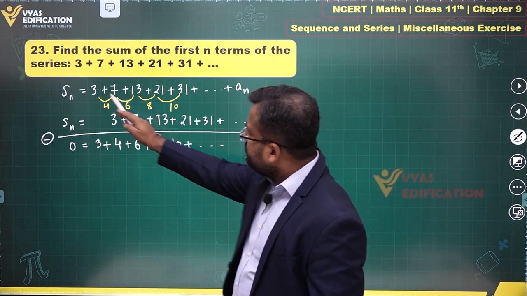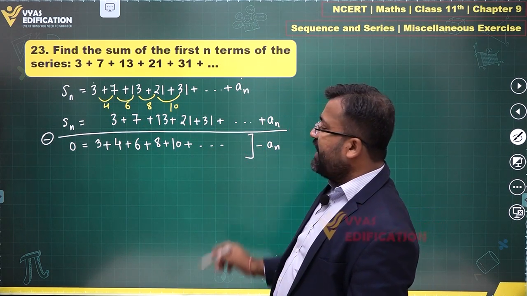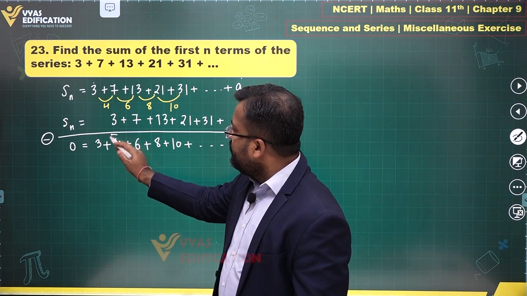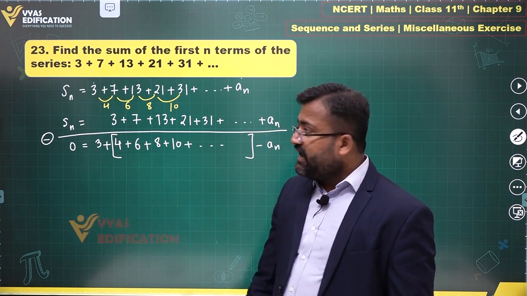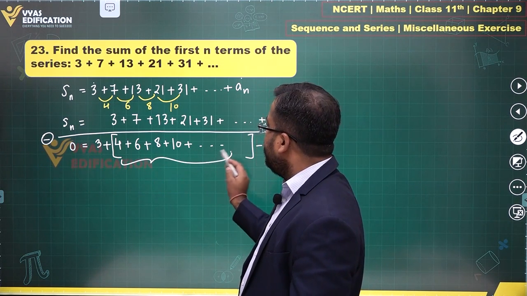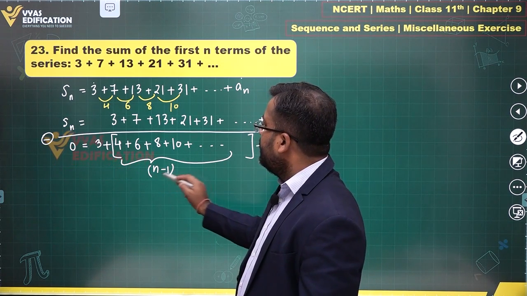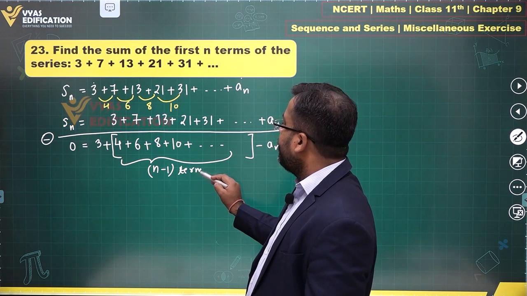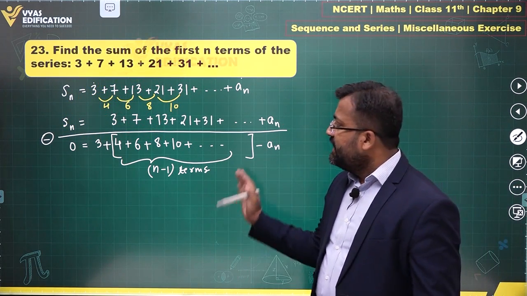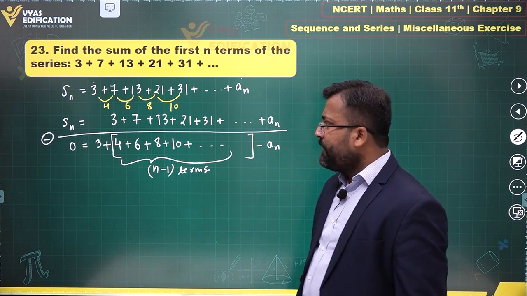Do you observe? From here, 3 to An, we have n terms. So up till here you will have n terms starting from 3. If you miss out 3 and say this is 4 to something, how many terms are these? We have n minus 1 terms left over here. And these n minus 1 terms are forming some kind of pattern, right? This is an arithmetic progression, yes?